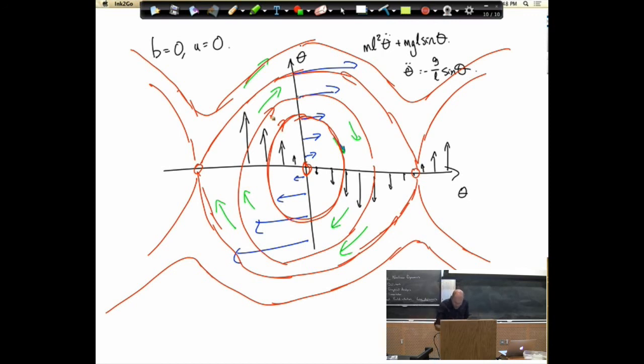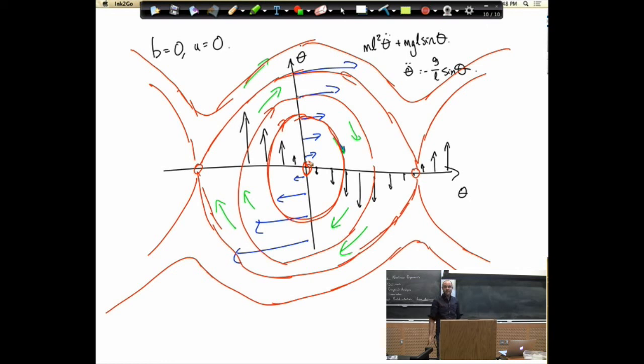Okay. Is this fixed point at the origin stable? Is that stable? Yes or no? It's a bad question. You should catch me on that. It's not a good question. Depends what kind of stability, right?